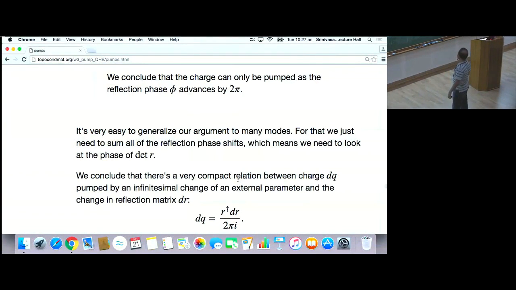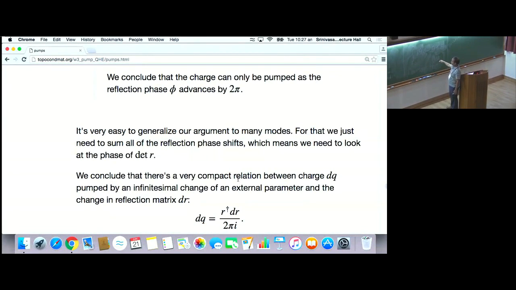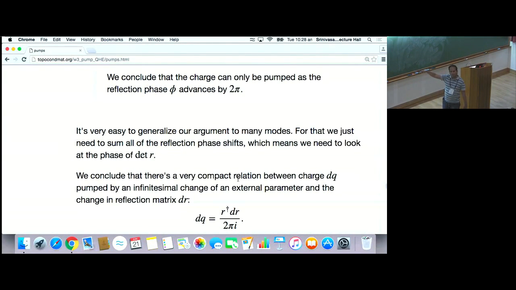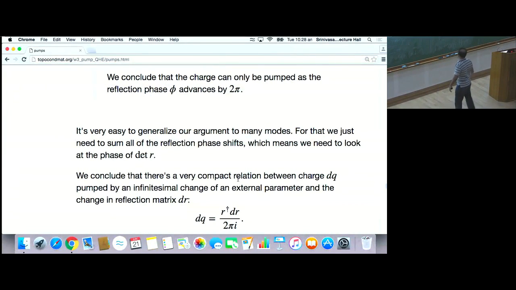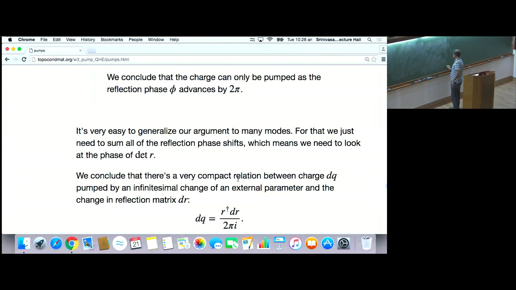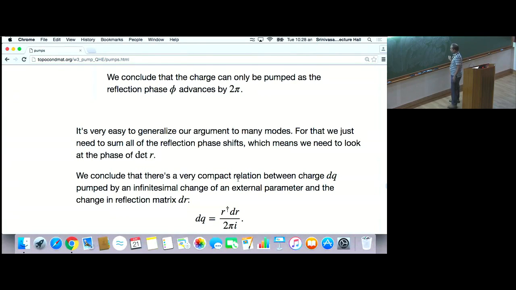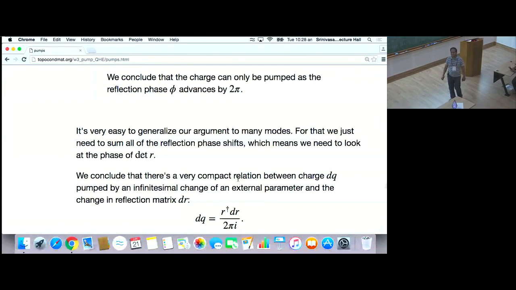So it tells you that this scattering phase change is 2 pi times the number of bound states in the scatterer. So with that in mind, this is equal to the number of bound states. Okay?